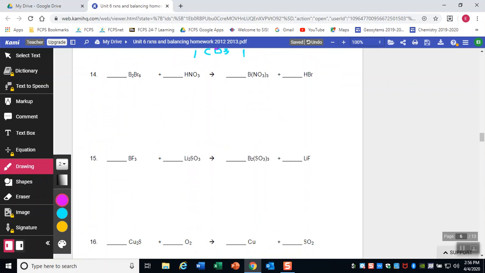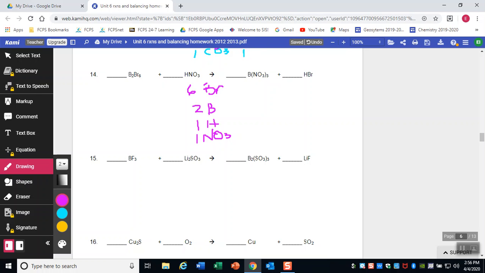All right, number 14. Bromine. Oh, boron and bromine. And then hydrogen. And my nitrate, I'm going to keep all as 1 thing. Now I'll count, let's see, 6 bromines, 2 borons, 1 hydrogen, and 1 nitrogen.